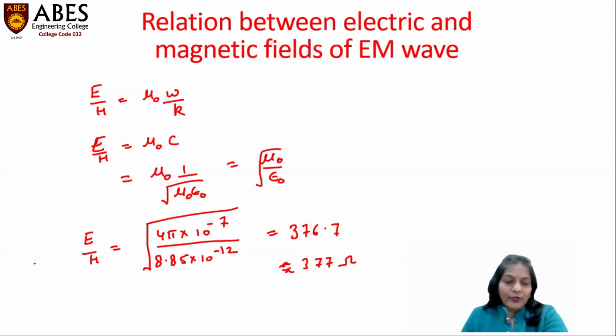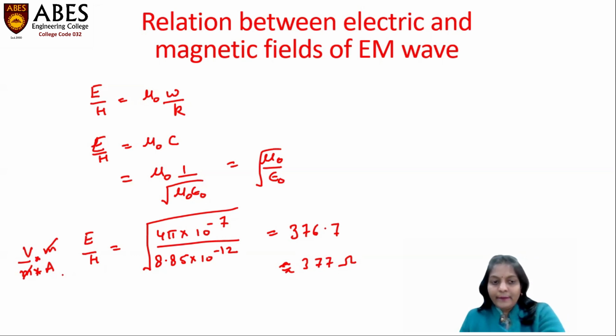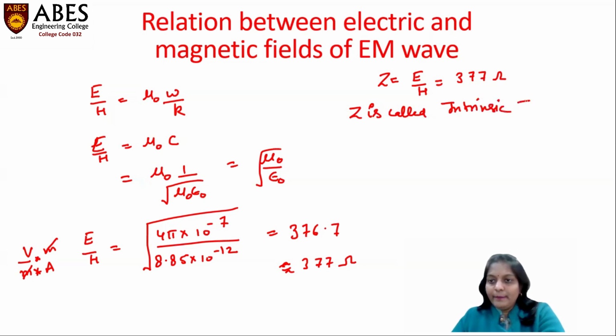Why is the unit ohm? As we know, the unit of E is volt per meter, and the unit of H is ampere per meter. So we can say volt per ampere is the unit of ohm. So the ratio of E by H is called Z, where Z is the intrinsic impedance of free space.